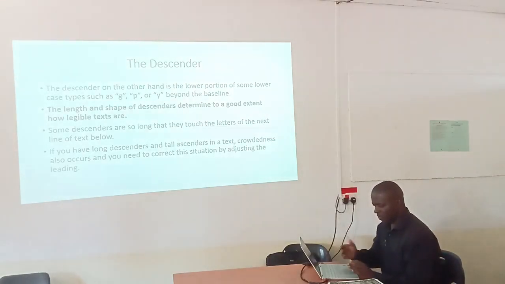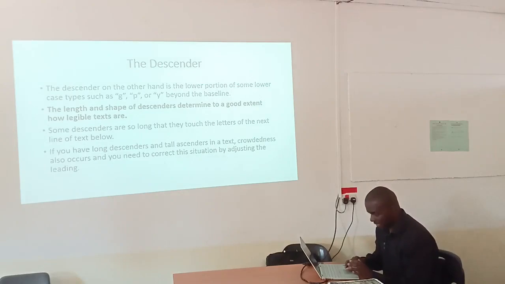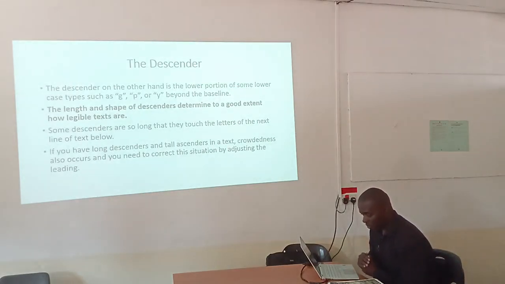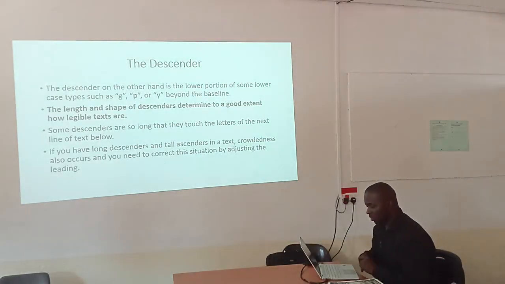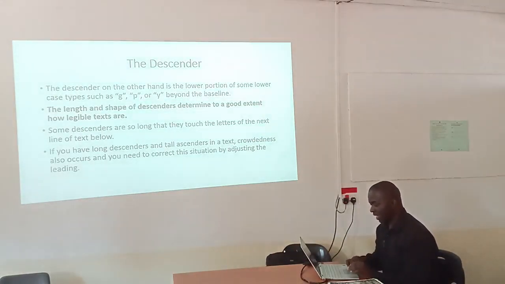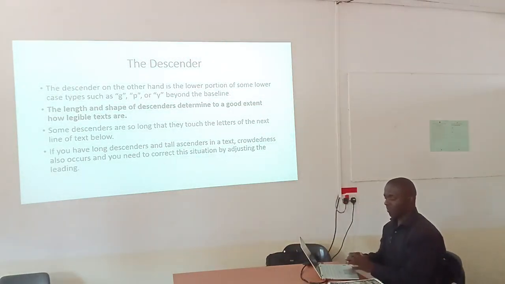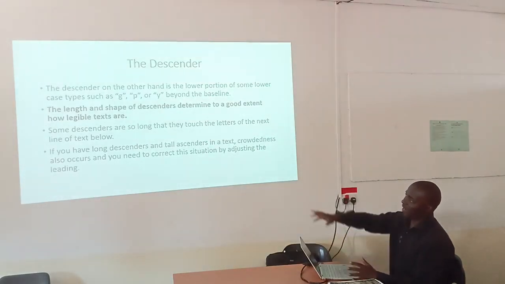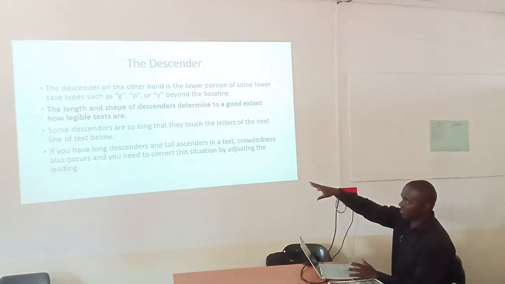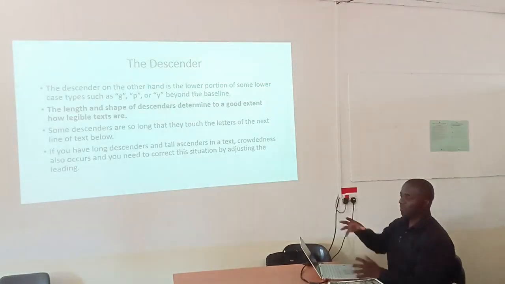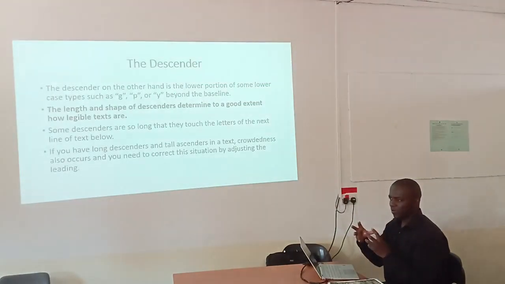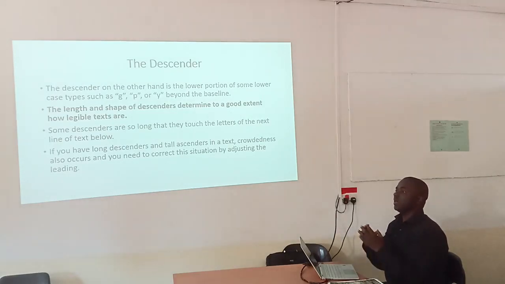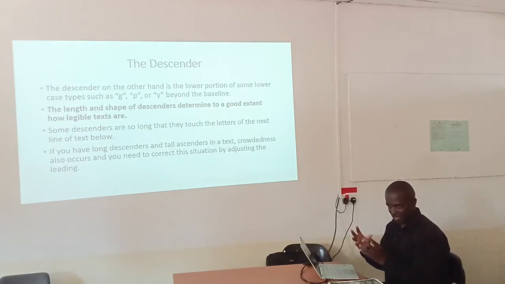If you have a long descender and a tall ascender in a text, cloudiness also occurs, and you need to correct the situation and adjust the lead. So we're going to talk about spacing now, because you can have these characters. Some of them, how you are going to fix it: maybe they are clouded and you want them to be not clouded, or maybe they are not clouded and you want them to be clouded.